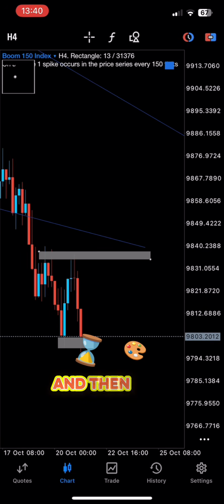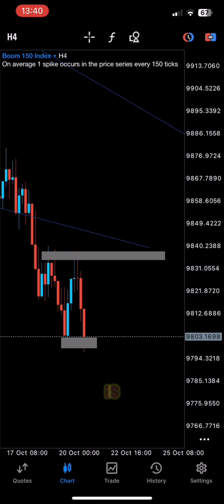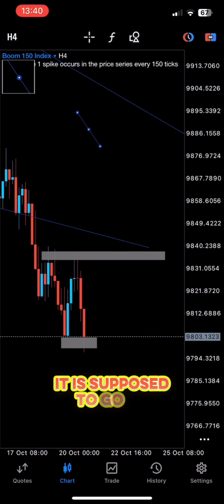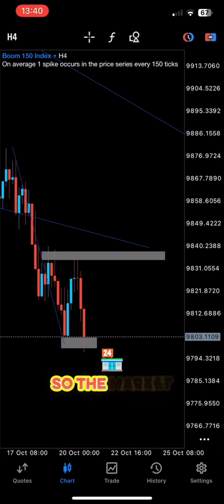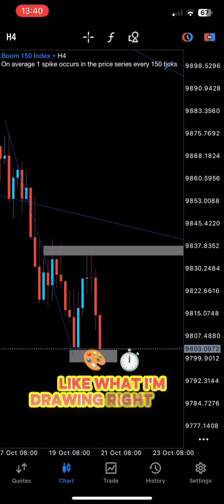that shadow zone, and now we are drawing a neckline, right? So we know that the market is supposed to go to the upside. The market forms a W, like what I'm drawing right now.